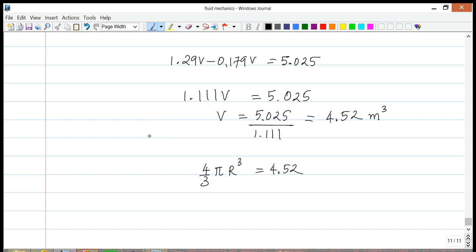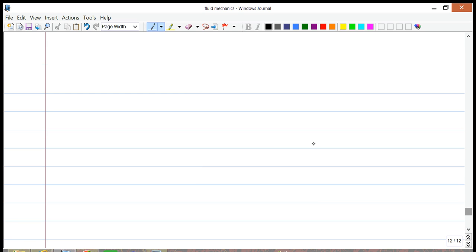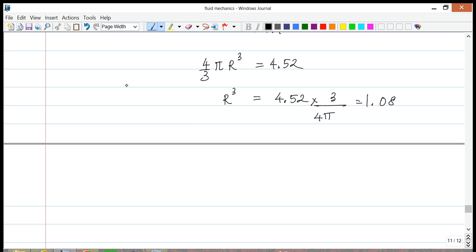Now I can get r cubed, which is 4.52 multiplied by 3 divided by 4 pi, about 1.08. Just verify these numbers, and then r is 1.08 to the power 1/3, which is about 1.025 meters.